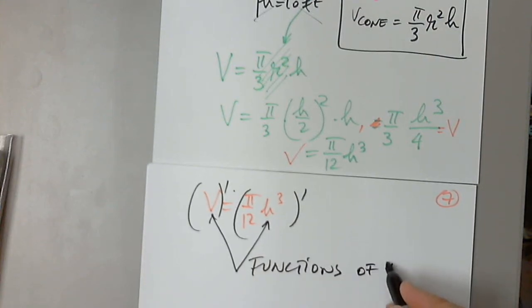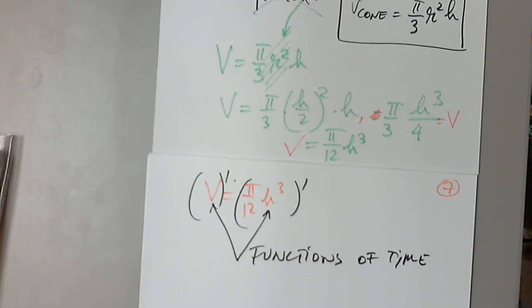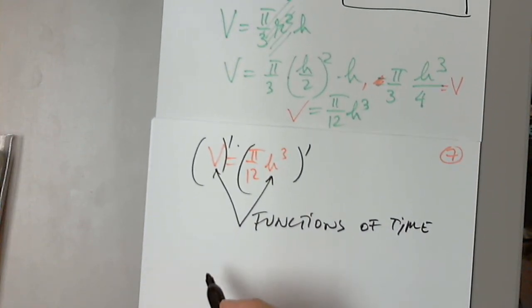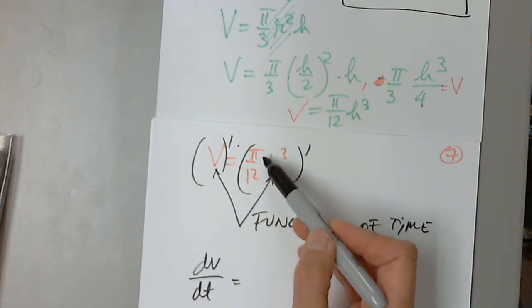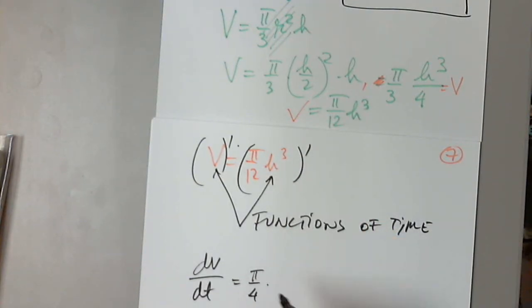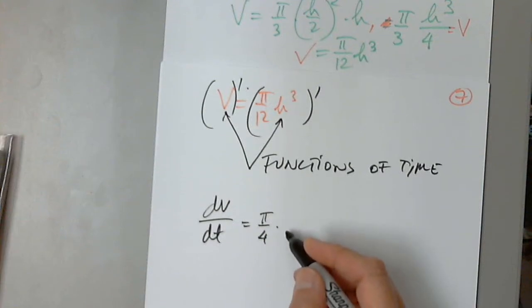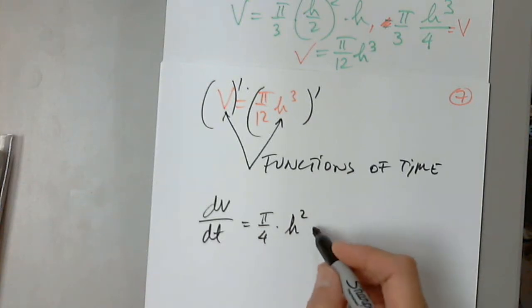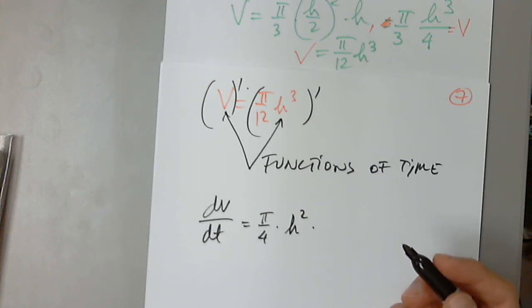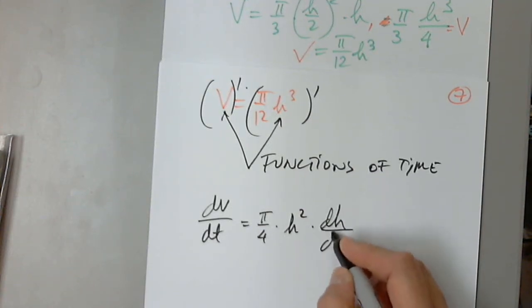Good. So then the left-hand side is dV over dt. Very good. The right-hand side is, we bring 3 down and we simplify. So pi over 4 times h squared times dh over dt.